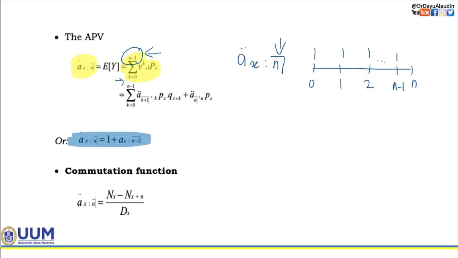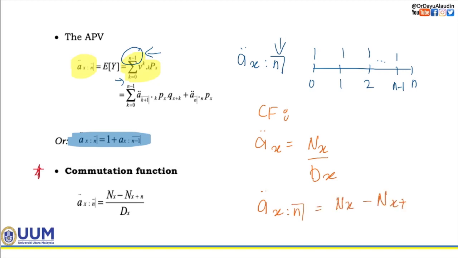And this is the commutation function: nx minus nx plus n over dx. So far, for whole life annuity due, the commutation function is equal to nx over dx. And for temporary life annuity for n years, nx minus nx plus n over dx.